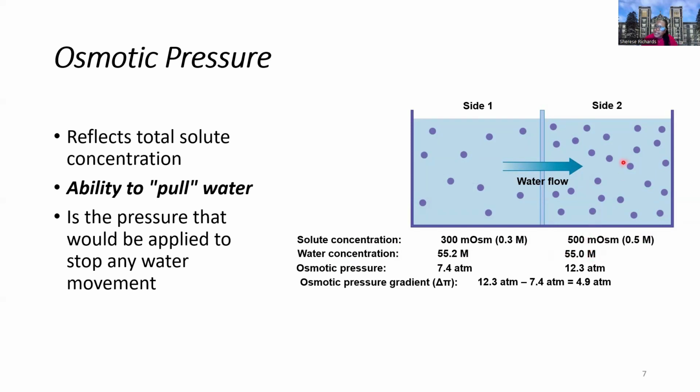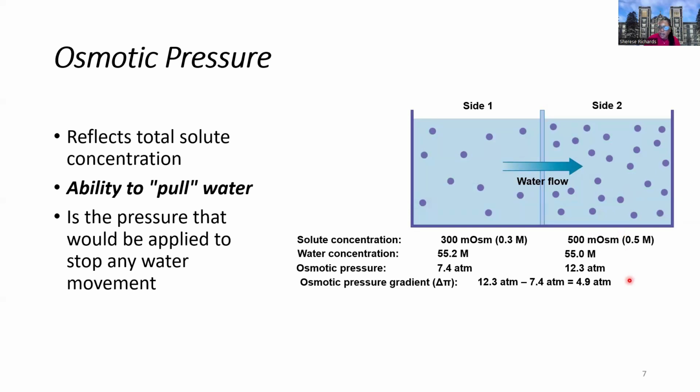So we can think about side two as exerting an osmotic pull. This is what we refer to as being the osmotic pressure. It's the ability of the side that has the higher solute concentration and the lower water concentration to exert an osmotic pressure or an osmotic pull that actually draws the water to that side.